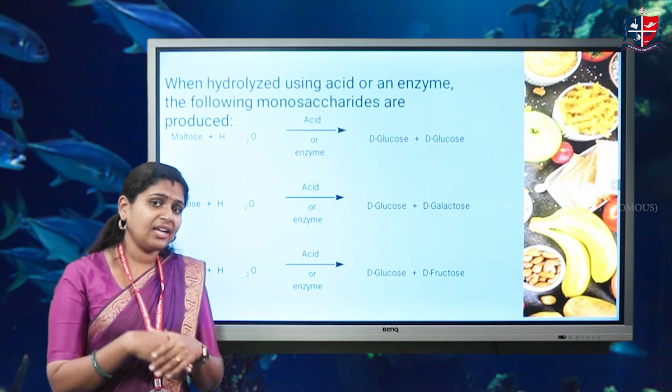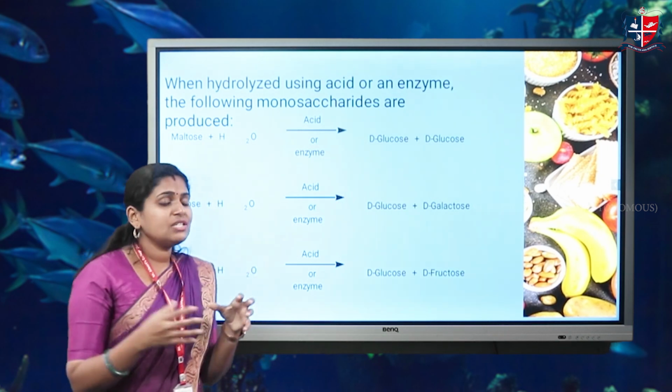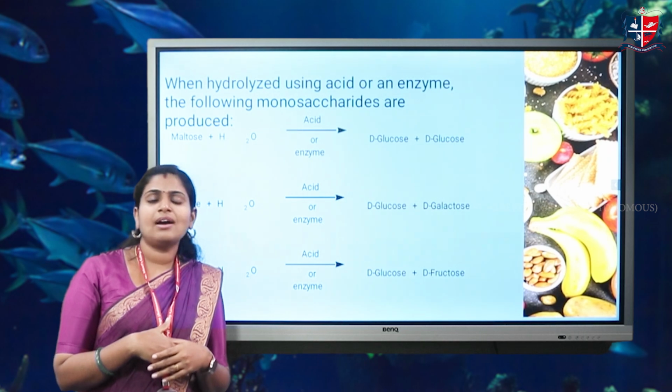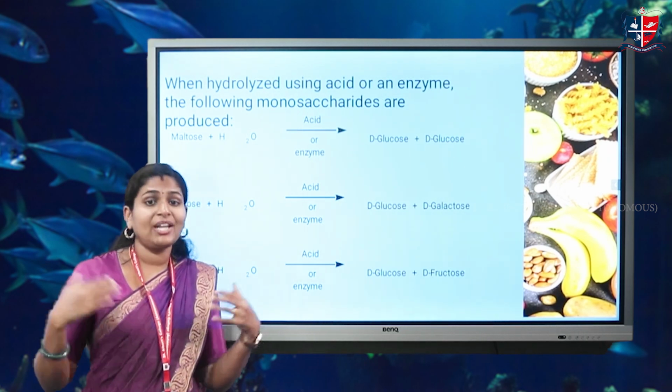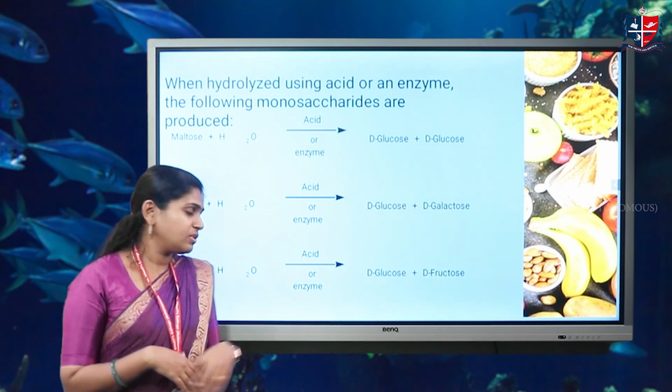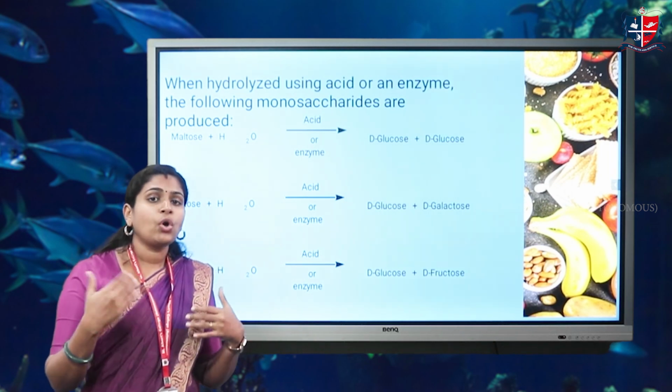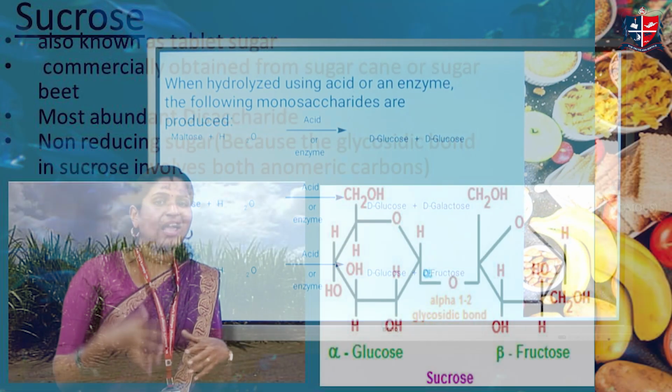Therefore, maltose is formed by the combination of 2 molecules of glucose, sucrose is formed by the combination of glucose and fructose, and lactose is formed by the combination of glucose and galactose.